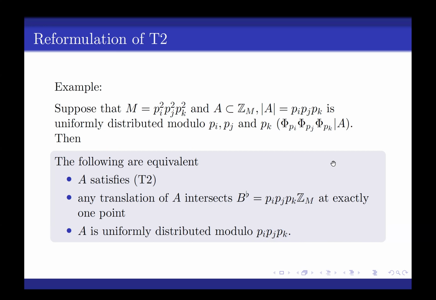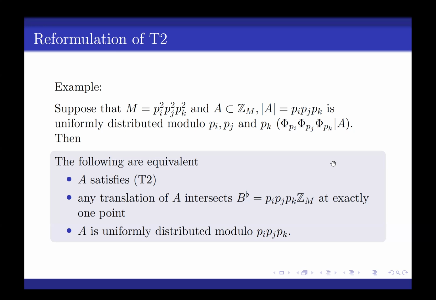Now in this case, B standard is going to be the arithmetic progression pi pj pk times Zm, and therefore the T2 condition is going to be equivalent to any translation of A intersecting that grid at exactly one point, or if you would like, A has to be uniformly distributed mod pi pj pk.